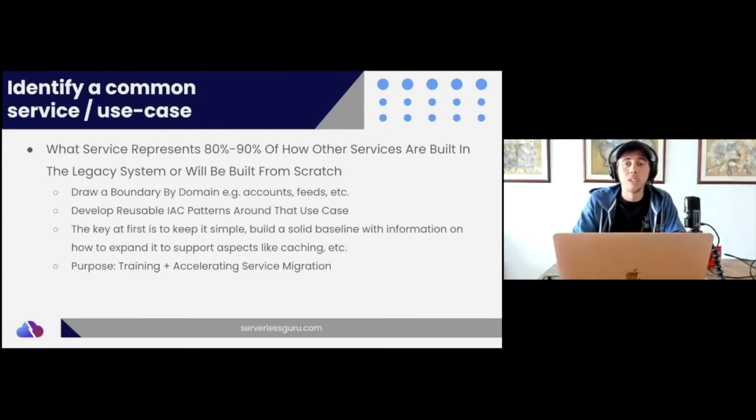How you can do this is you can draw a boundary around domains. For instance, if it's accounts, feeds, things like that, those could all be separate services. We could also develop reusable ISV patterns around this, as I mentioned. At first, we want to keep it simple. We want to build a solid baseline, and then we can start expanding out in the future around things like caching and so on. If we have that overarching skeleton and we know that we can add stuff to it later, then we can share it with the entire team.